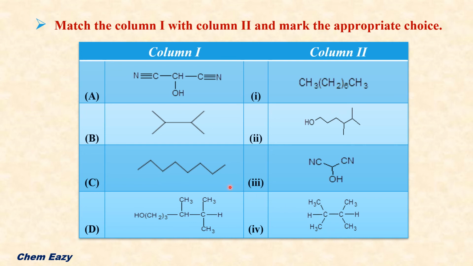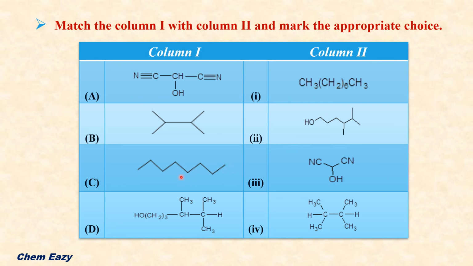Next one, this structure C is also a bond line structural formula. So here CH3, then how many CH2s are there? You count 1, 2, 3, 4, 5 and 6. So CH3, 6 CH2s, again terminal end 1 CH3.